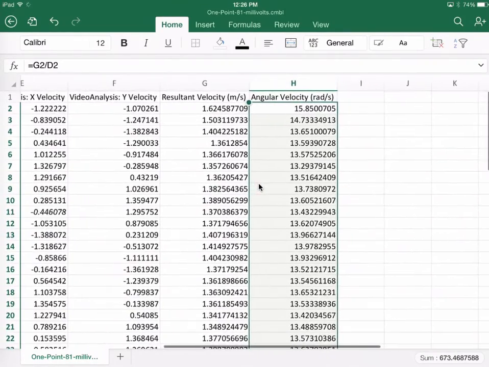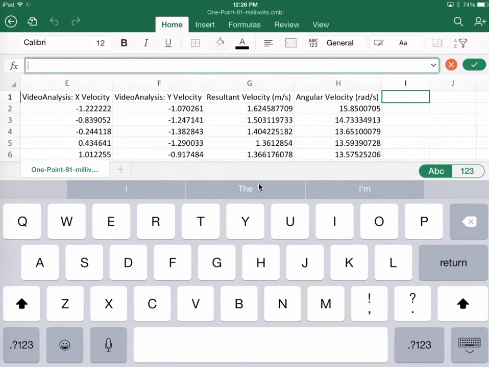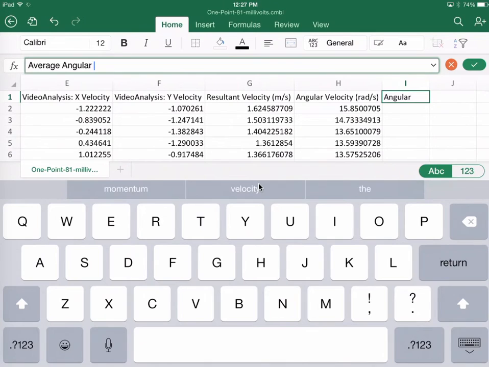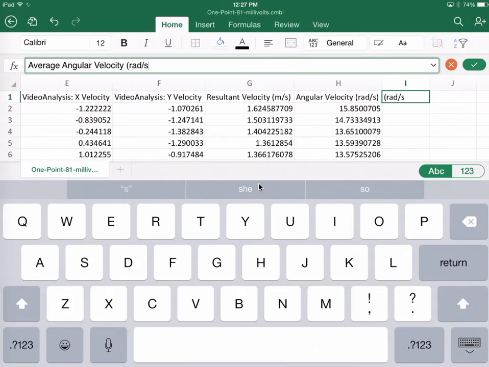But any two ways, we'll just take our average angular velocity. And so again, this is going to be in radians per second.